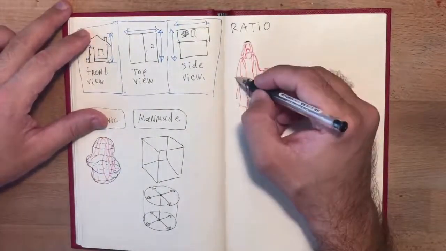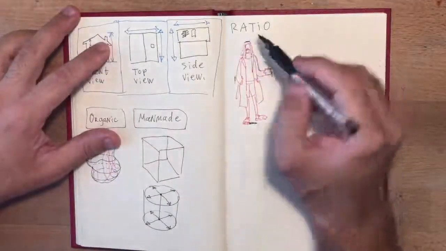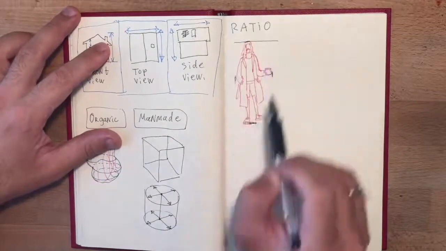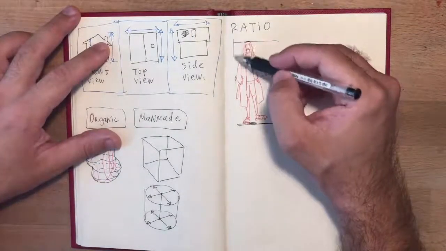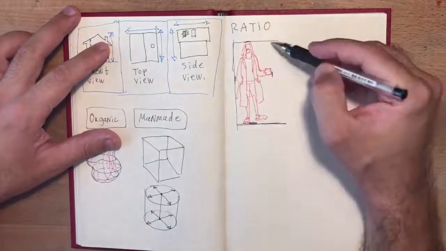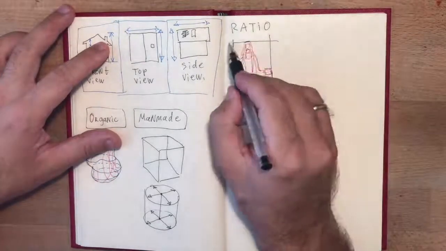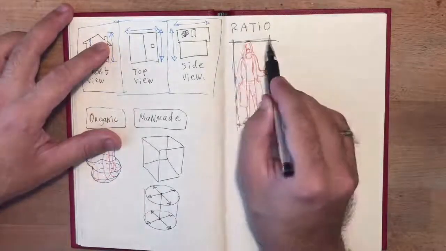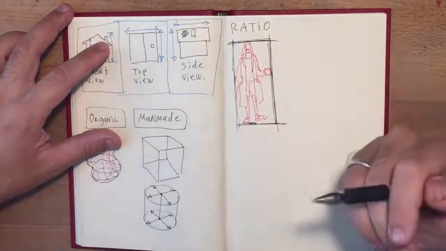He has a most left and most right side. So then we can say, okay, what is the ratio, if we compare his height and his width.